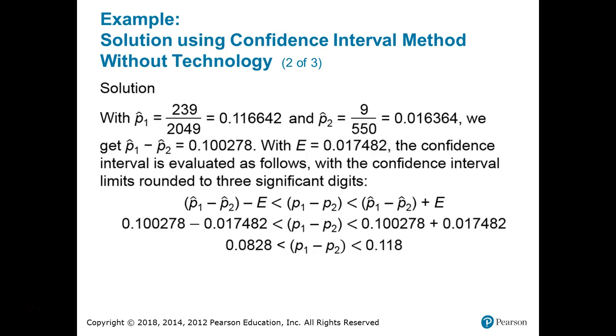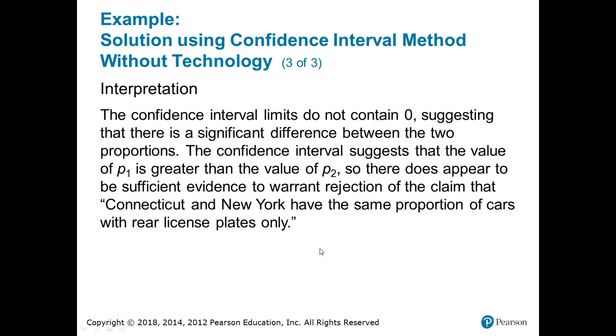So once we have that, we can find our P1 hat and our P2 hat, and then get the difference right here. And with your margin of error, following this formula, you ultimately get an interval that says that your P1 minus P2 is going to be bounded between 0.0828 and 0.118. Again, these are both positive numbers, so 0 is not going to be somewhere in the middle.